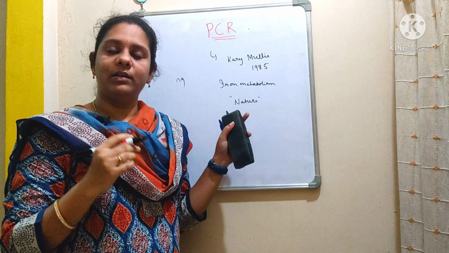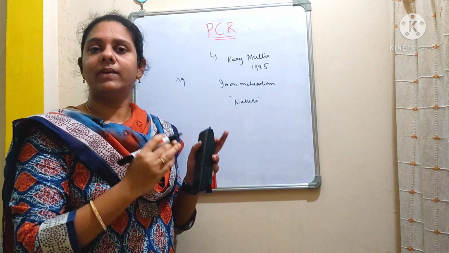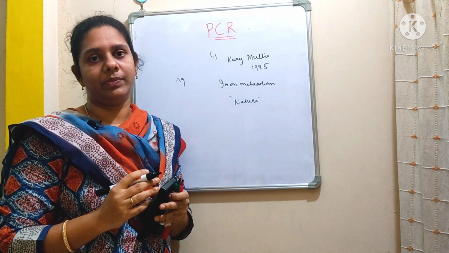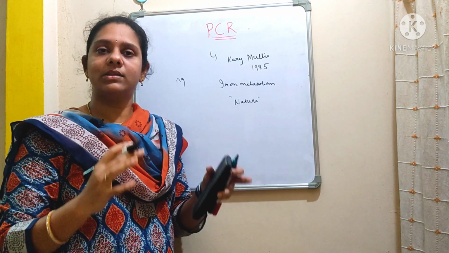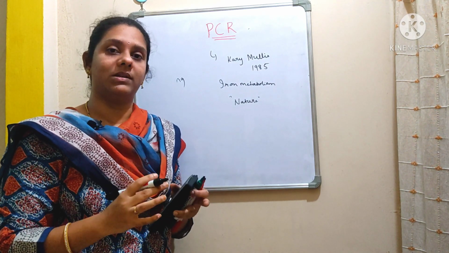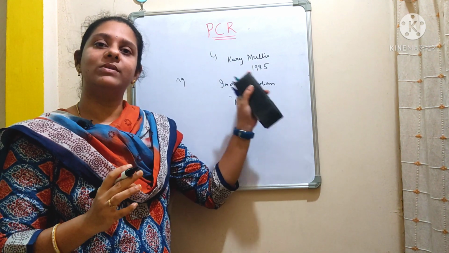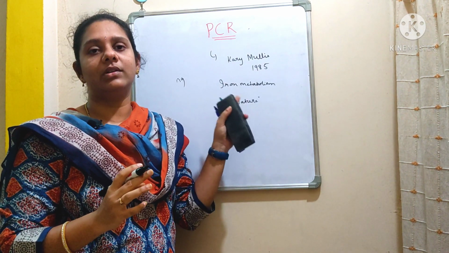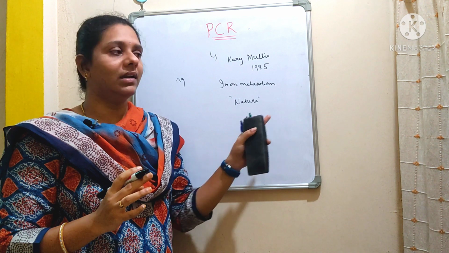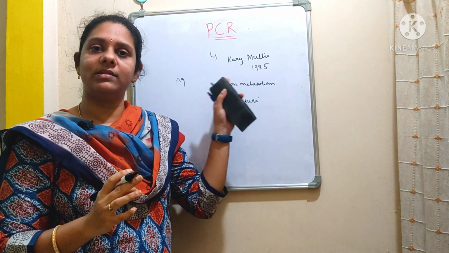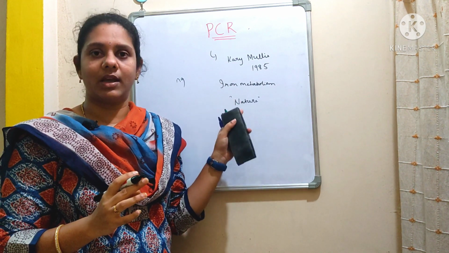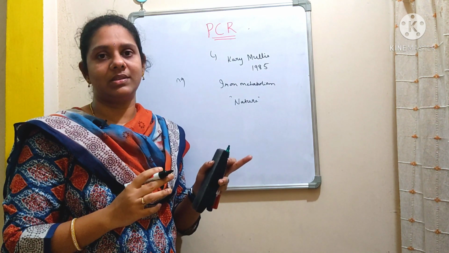Then two lab technicians who were working with him came forward to help him. These people worked on this concept for a period of 3 months. After 3 months, Kary Mullis could set up this PCR reaction for the first time, and he gave all these findings to a journal called Nature, but they refused the data.